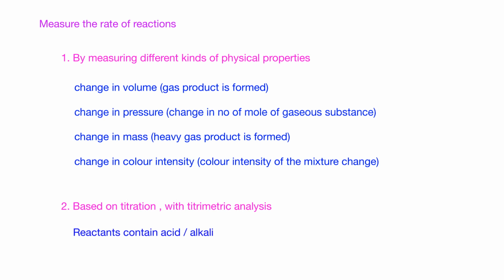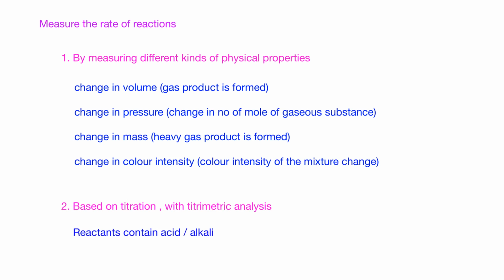During a reaction, there will be some product produced or some physical property change during the process. So based on these changes in physical properties, we can tell the rate of reactions.